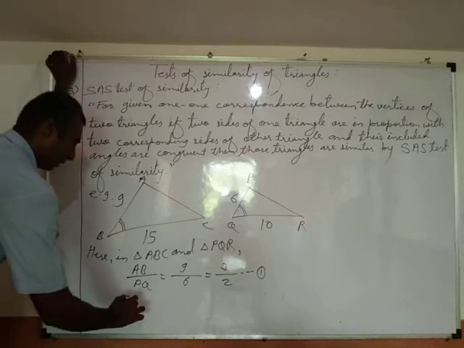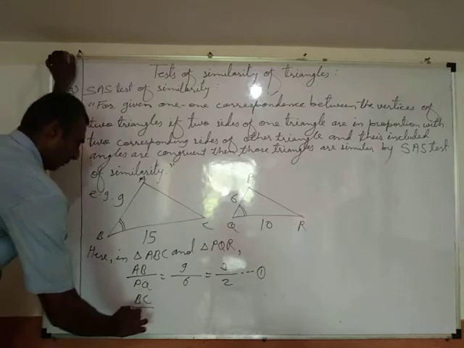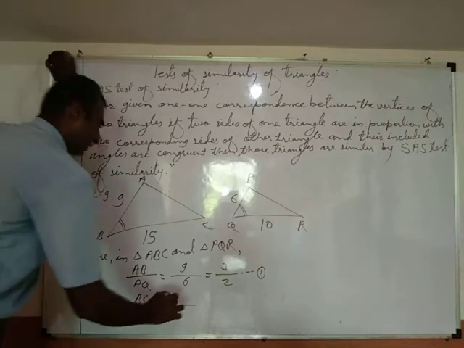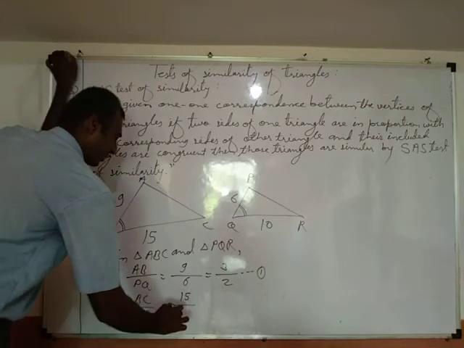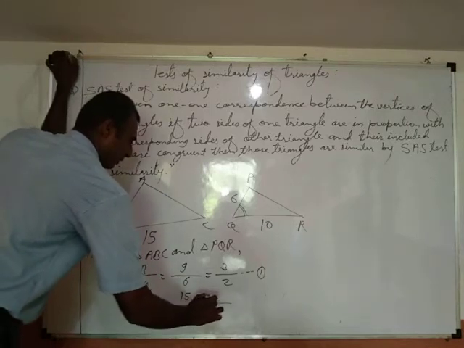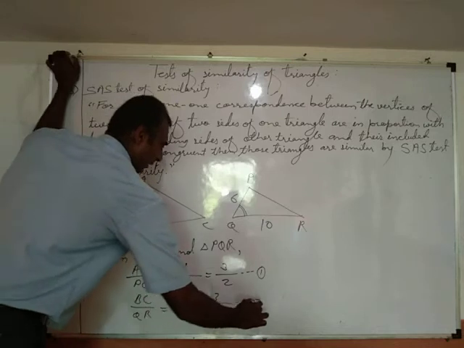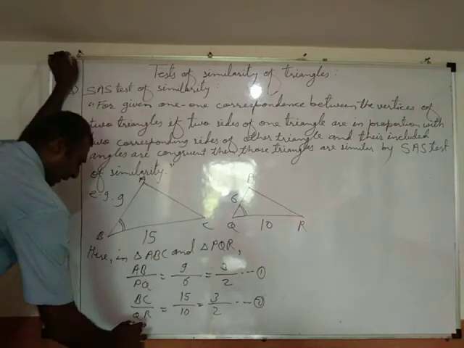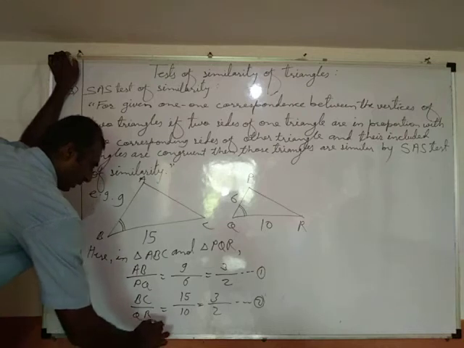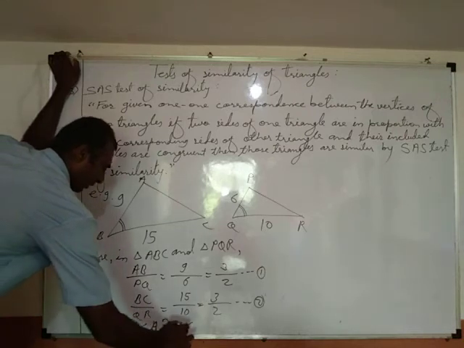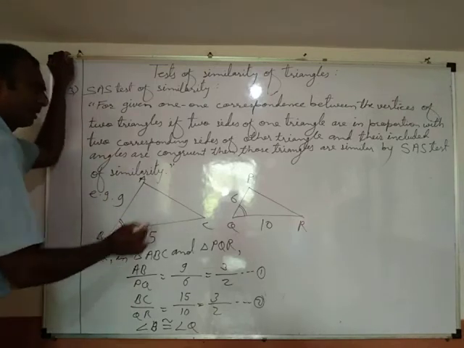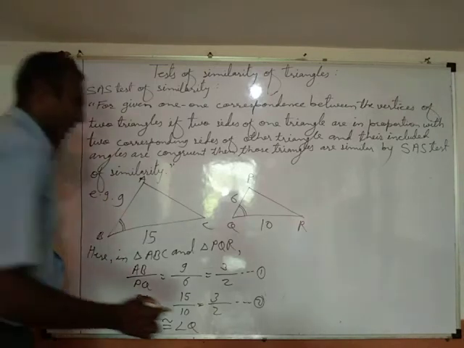Then BC upon QR equals BC, which is 15, QR is 10, 5 2s are 10, 5 3s are 15. Number 2. And angle B is congruent with angle Q, because by identical marks angle B and angle Q are shown.